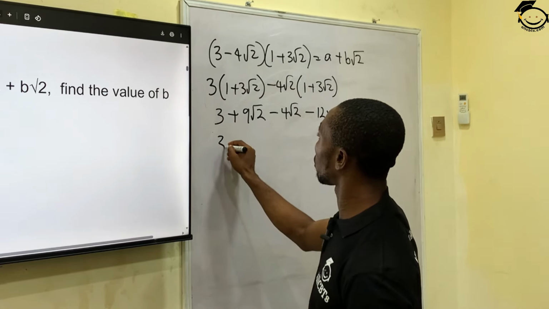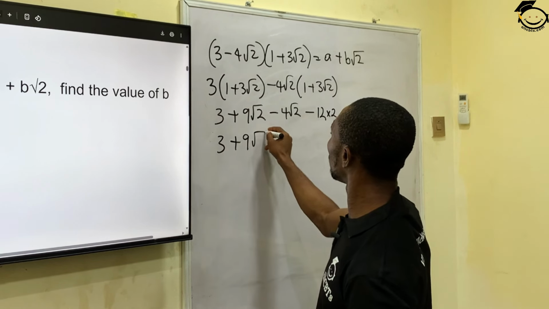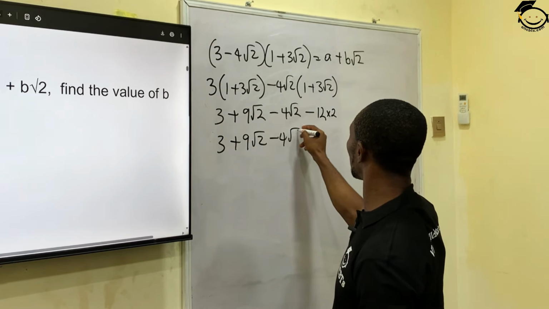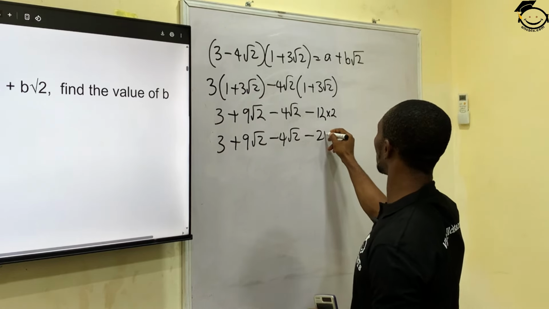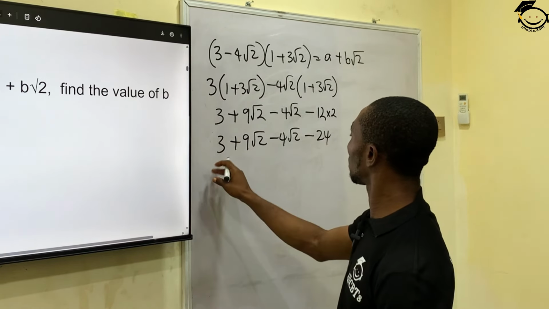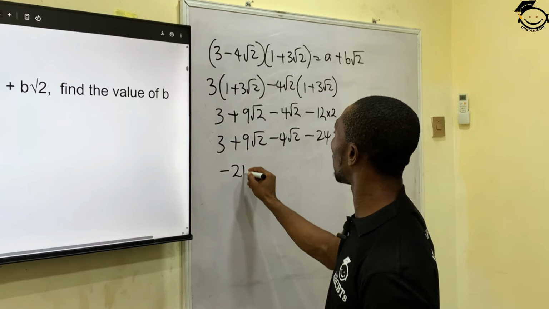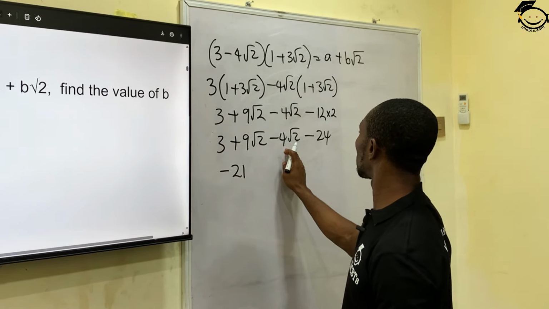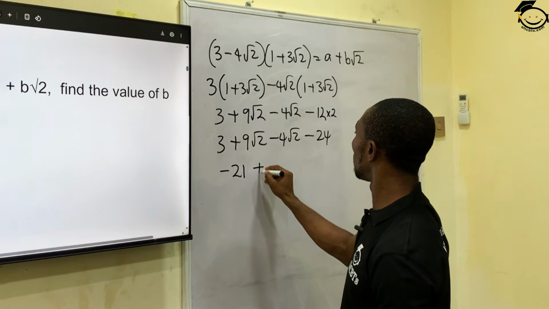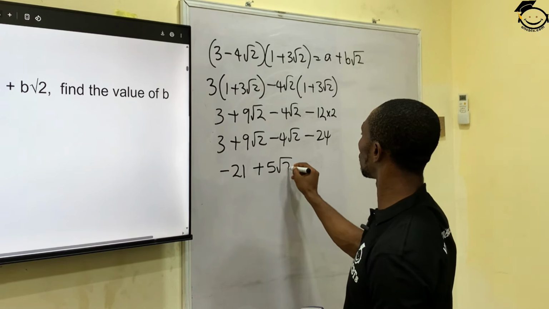So this becomes 3 plus 9 root 2 minus 4 root 2 minus 24. Now collecting our like terms, 3 minus 24 will give us minus 21. 9 minus 4 will give us plus 5 root 2.